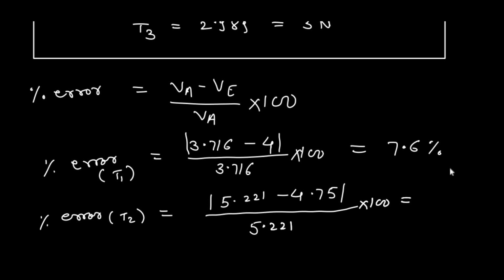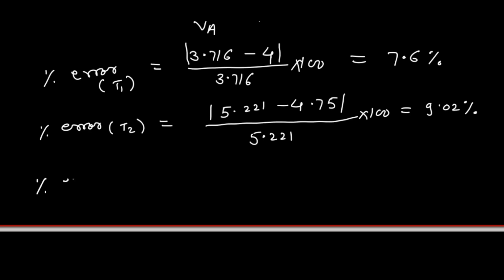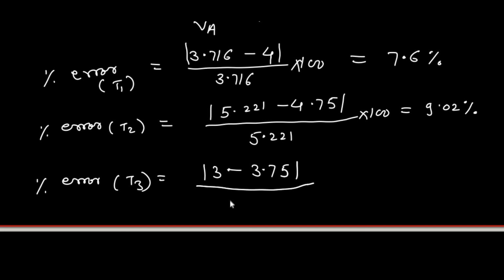After the calculation, we get 9.02%. Last, for T3 we have 3 minus 3.75, where 3.75 is the experimental value and we got 3 analytically, divided by 3, times 100. Here we get 25% error.